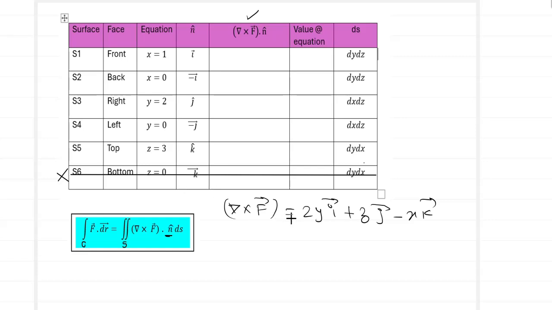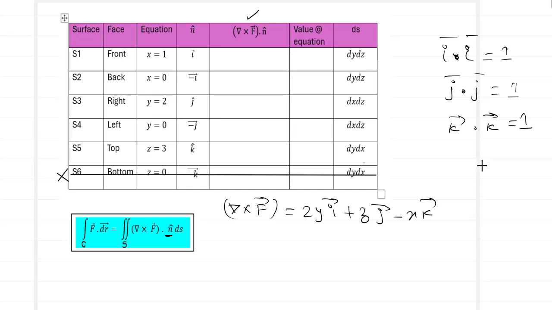I'll have to take the dot product. We need to keep in mind for the dot product, i dot i is going to be 1, j dot j equal to 1 and k dot k equal to 1.